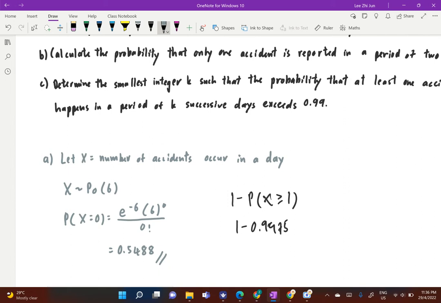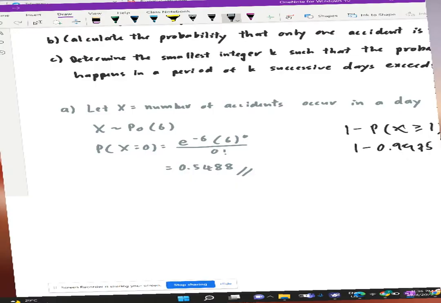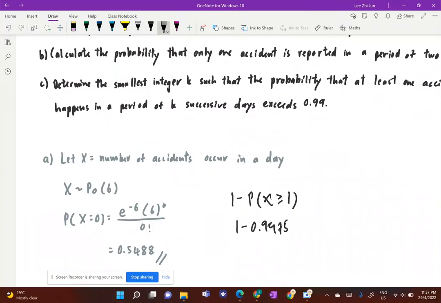So this I will get 1 minus 0.9975, so I will get 0.0025, if not mistaken.